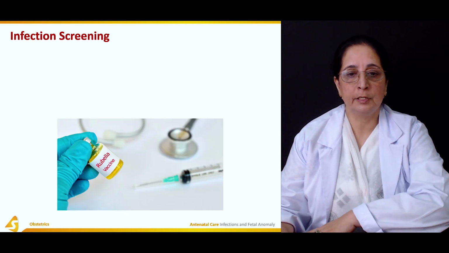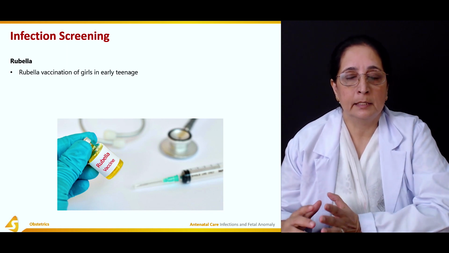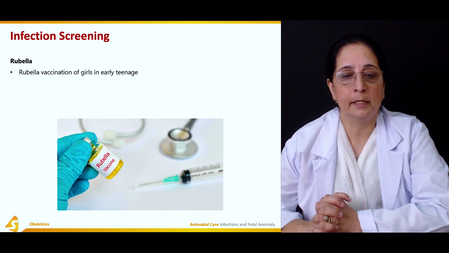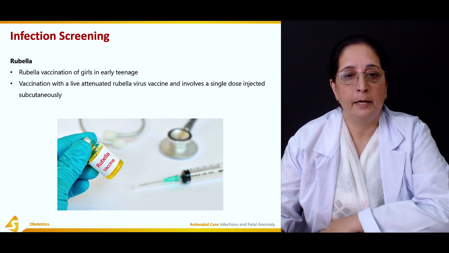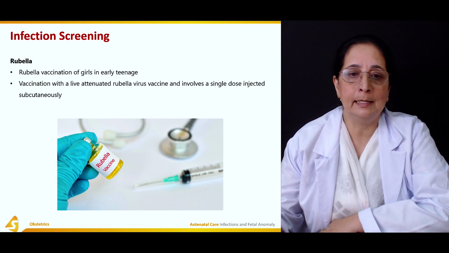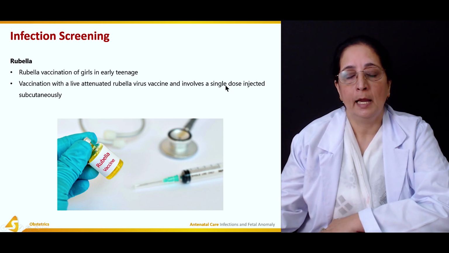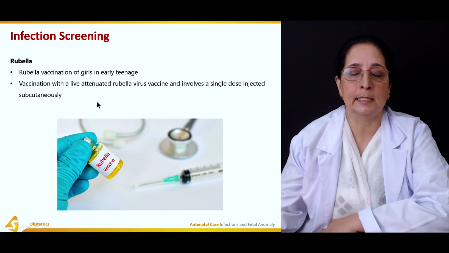So, infection screening. Rubella is important that rubella vaccination of girls in early teenage should be performed, and vaccination is done with live attenuated rubella virus vaccine and involves a single dose injected subcutaneously.